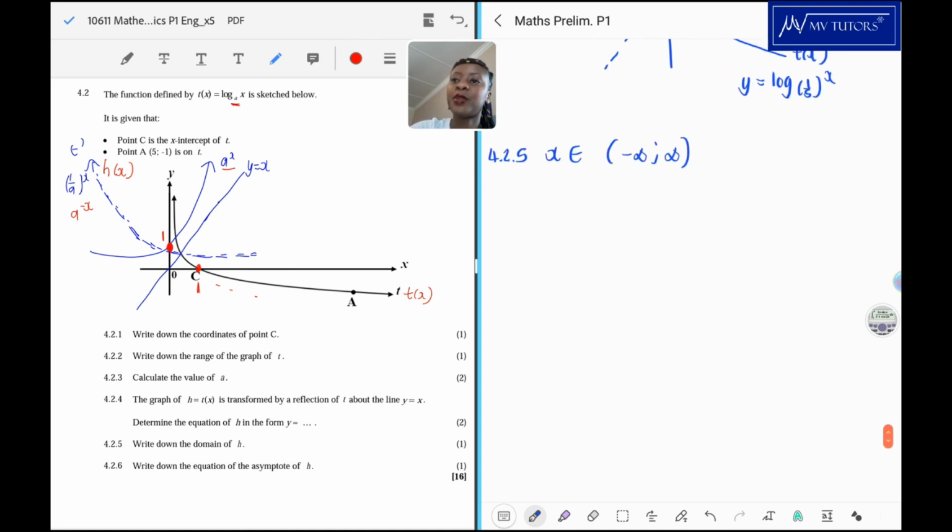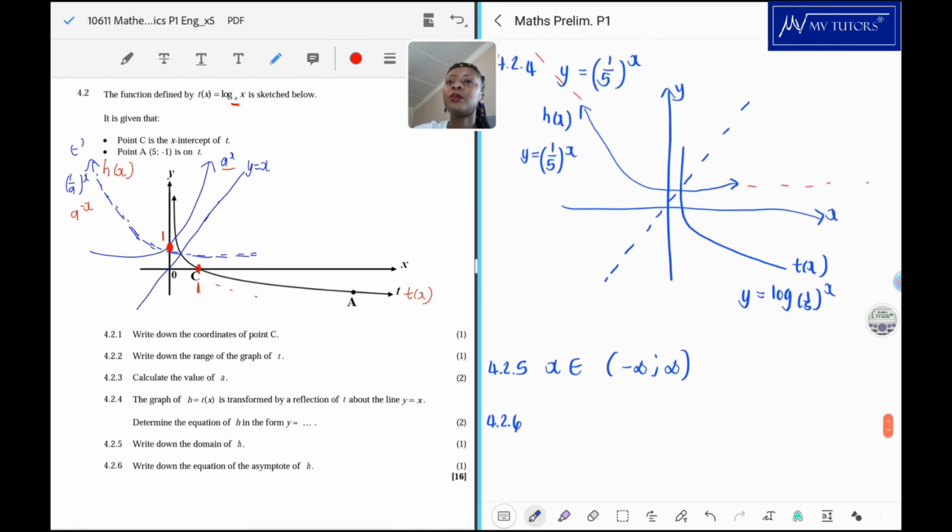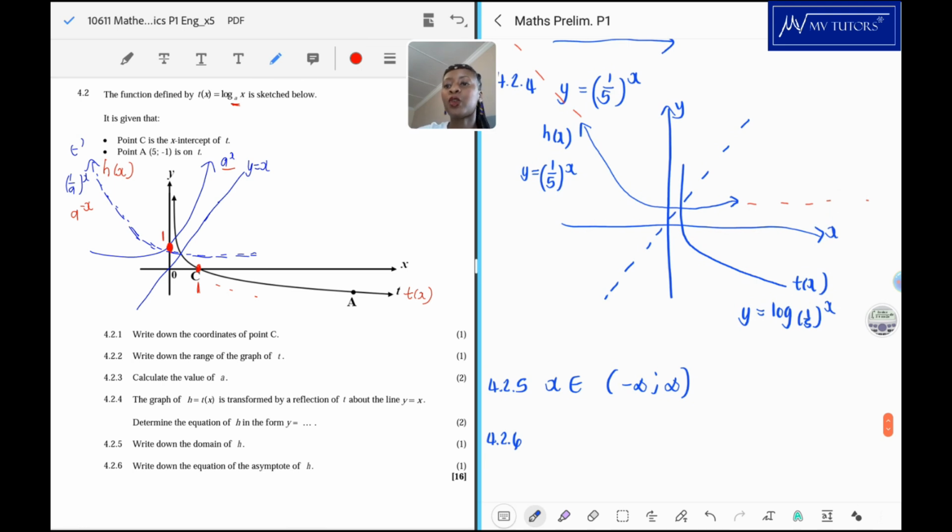And then 4.2.6, they say write down the equation of the asymptote of h. Our normal graph, the original one that looks like this, where you have y is equal to, I'm just going to say, b to the power x, and this one would actually be y is equal to 1 over b to the power x.